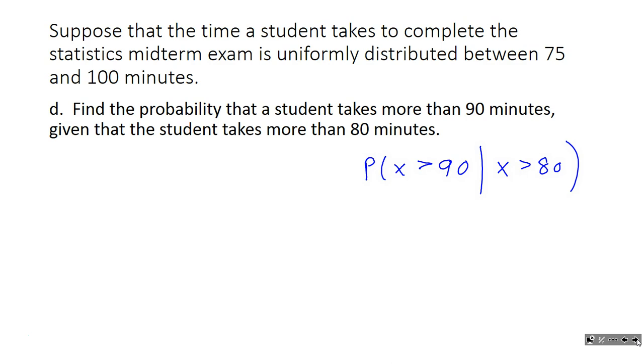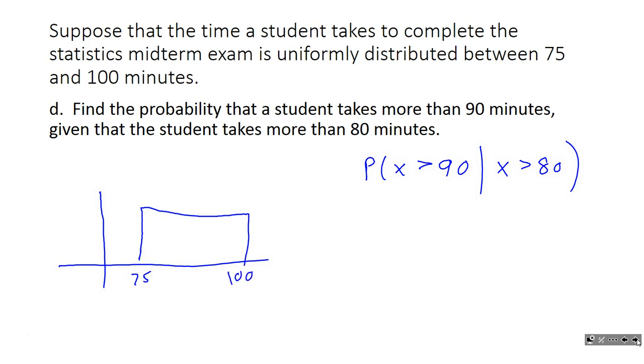So let me draw this and show you the relevant reasoning that would have to occur. First, let's just draw our original probability distribution that you've seen me do several times already. It's from the originals from 75 to 100, and so the height here has to be 1/25.